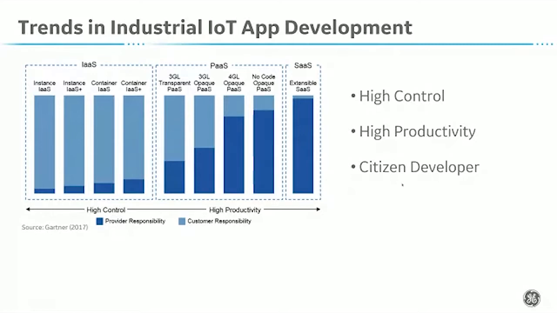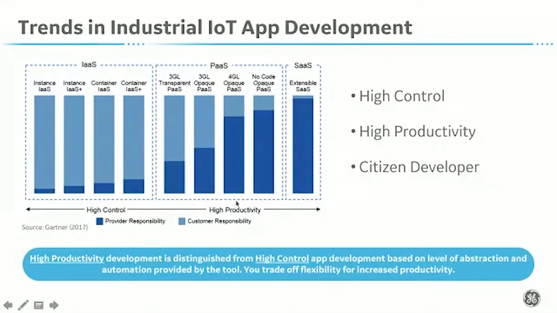So what we're going to talk about today is Predix Studio. And Studio falls actually somewhere in the middle, and it's not the only tool that does too. Studio falls kind of around here in the scale. So it's on the high productivity side because it's what we call a low code environment. It's not no code because you do have some coding in there to offer some customizability, but it's not the high control environment that we talked about over here.